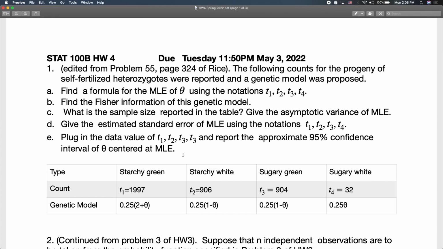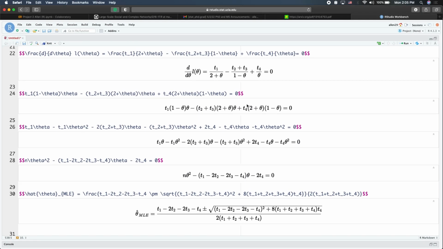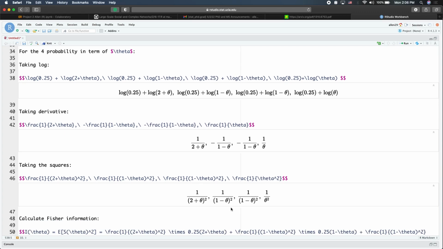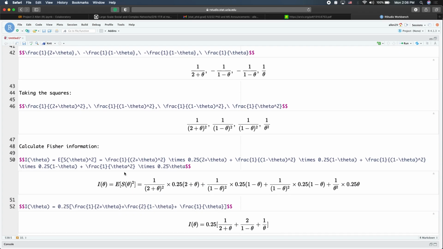Okay, part B: find the Fisher information. Again, back to the probability for each of the categories. We take the log of each: log 0.25 plus log(2 plus theta), and the same for each category. Then we take the first order derivative, so 1 over 2 plus theta, and so on for each of the four components, and take the square of each component.